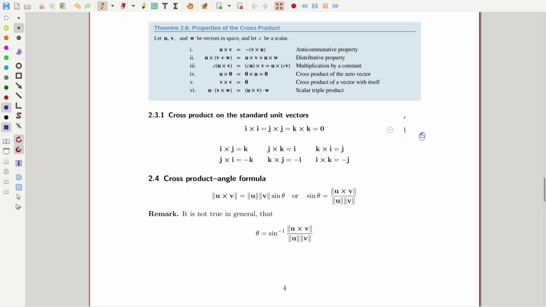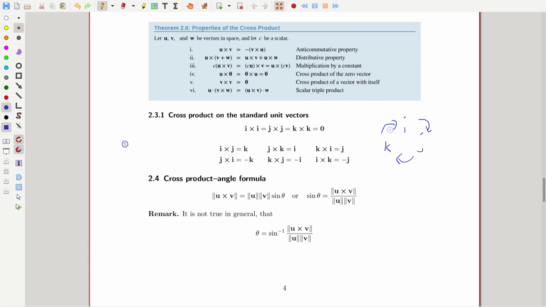You can draw these things out in a circle, like so, and follow the order. If you follow the order of the circle when you're multiplying, so i times j gives you k, k times i gives you j. I should be saying cross instead of times, perhaps, but you know what I mean. If we follow the arrows, then we have a plus. If we are opposing the arrows, we have a minus.